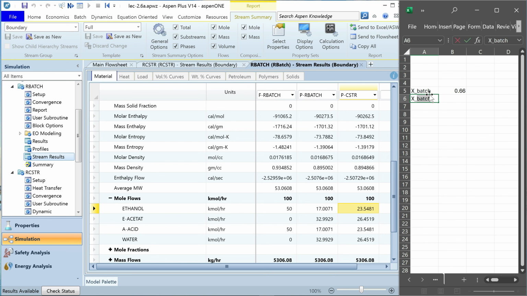Similarly, in case of CSTR, the fractional conversion is equal to number of moles entering the reactor minus number of moles leaving the reactor divided by number of moles entering the reactor. That is almost 0.53. Clearly, it indicates that almost 13% conversion is higher in case of batch reactor compared to CSTR case, though all the operational parameters were kept the same in both of these cases.